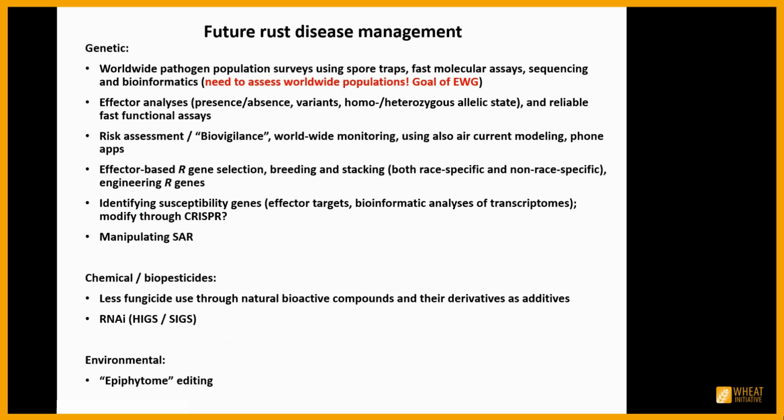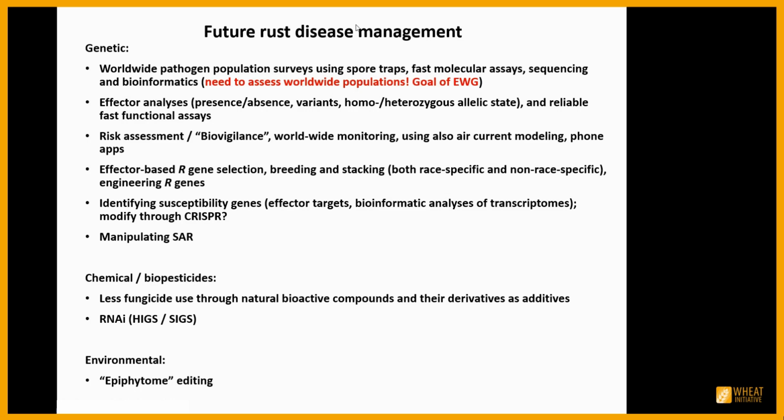So just to summarize then, what we could do with the surveys, and I think this is one of the goals of this expert working group, is really to increase genome sequencing of populations or isolates from different places in the world, and to expand the clades information and look at the B allele, the mating type alleles, and also to get a better feel of what the world population looks like.